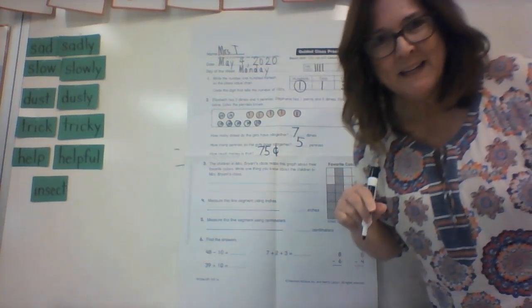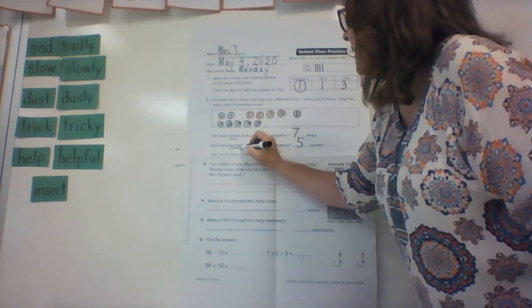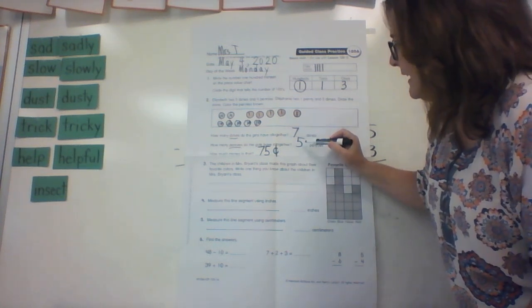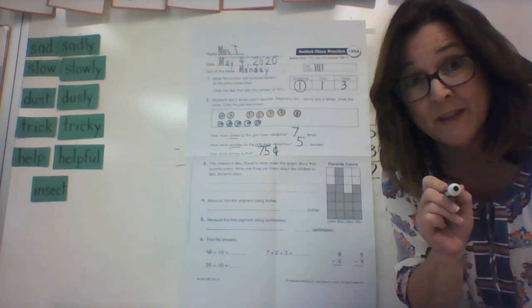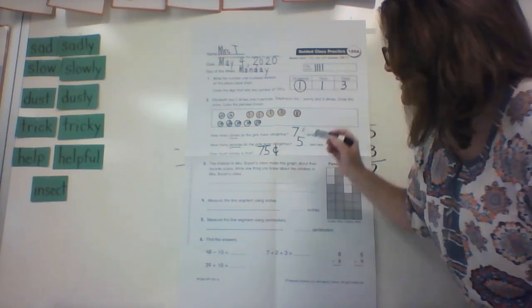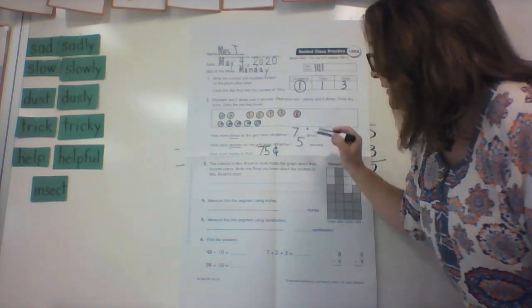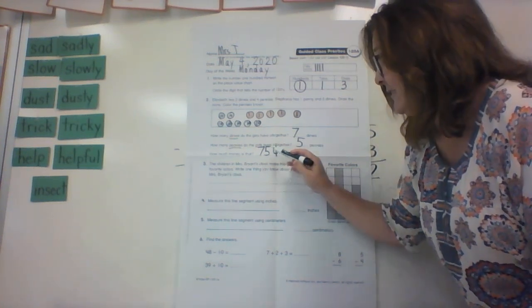And did you notice something else? Since it's dimes and pennies we're talking about, look, 7 dimes, 5 pennies. We can know without even counting that equals 75 cents, right? Now we always go back and double check it to make sure, but we could have just looked at 7 dimes, 5 pennies and written 75 cents without even counting that money.